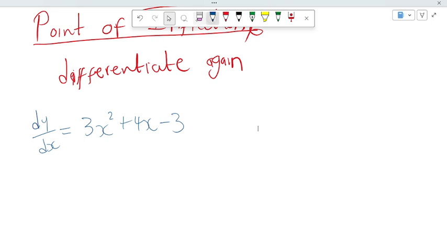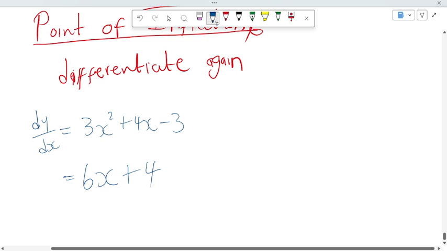Something is wrong with this computer today, it's so slow. So you differentiate again, you're going to get 6x plus 4.